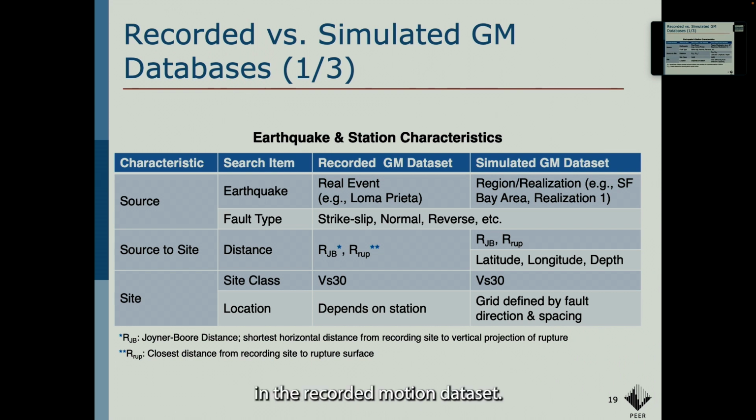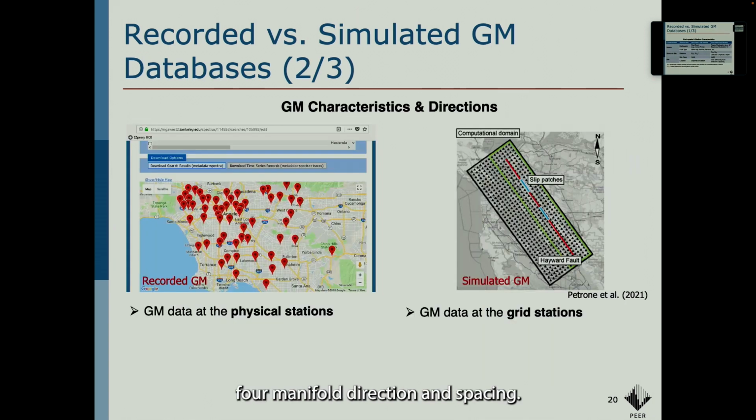For the location, in the recorded ground motion data set, this obviously depends on the locations of the ground motion recording stations. In the case of the simulated data set, the data is stored in grid points, which are defined mainly by fault direction and spacing.